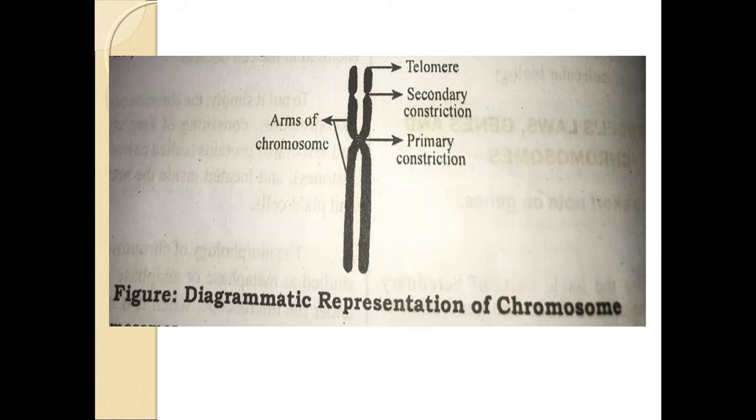Primary constriction is the region of chromosome which is occupied by the centromere, which is dividing the chromosome into two halves, and at the primary constriction the chromosome will show the bending. Secondary constriction is the region found at any point of the chromosome other than the primary constriction.